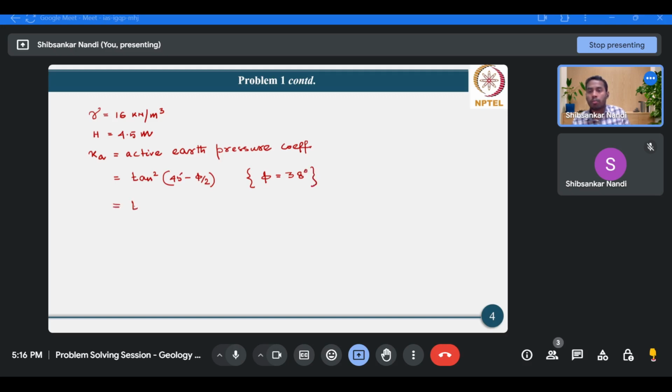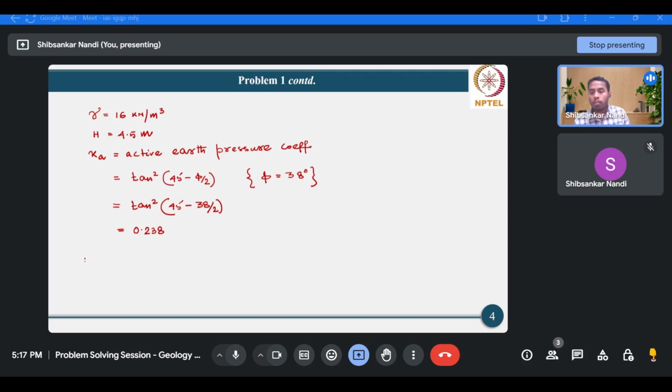So tan square 45 minus 38 by 2, so it's 0.238.